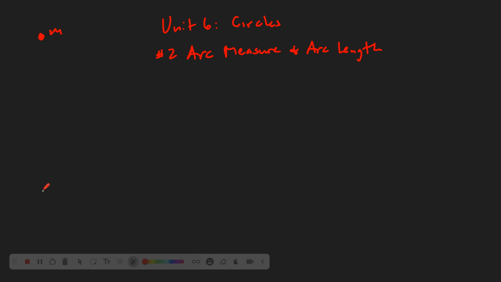Okay, so before we start talking about arc measure and length, we need to talk about an angle in a circle.